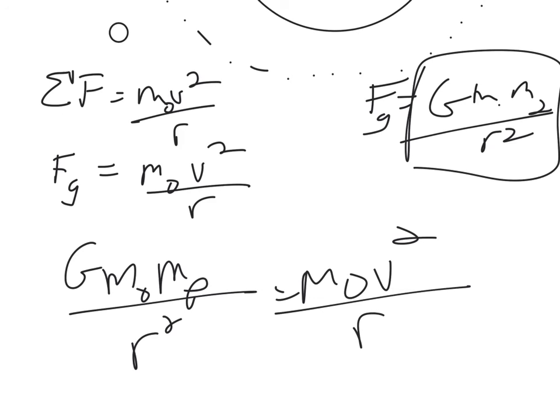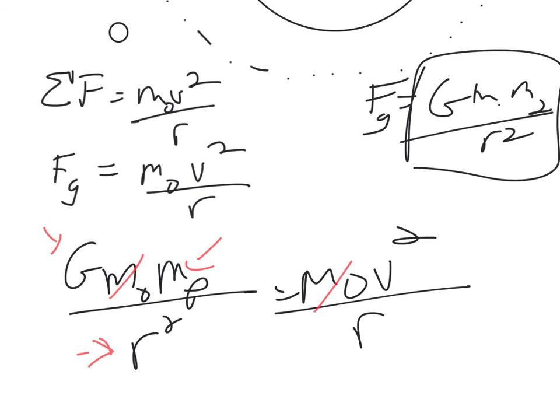So here's where those masses of the objects actually cancel out. It doesn't matter how heavy my orbiting object is, whether it's a moon, whether it's a satellite, none of that matters. The only thing that matters is how far away it is from the center of the planet, what the planet's mass is, and the gravitational constant.